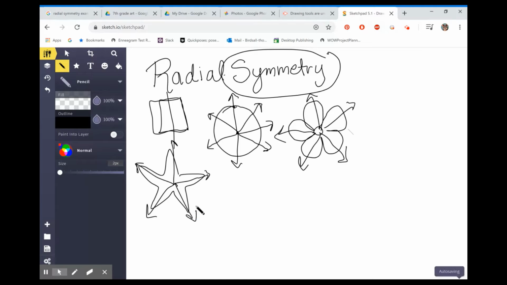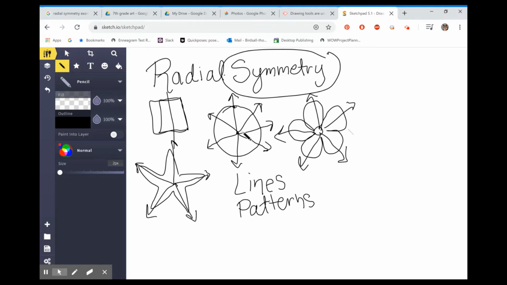When you're drawing something that has radial symmetry, you're going to have to think about lines. You're going to have to think about patterns. You're going to have to think about making things the same on all sides.